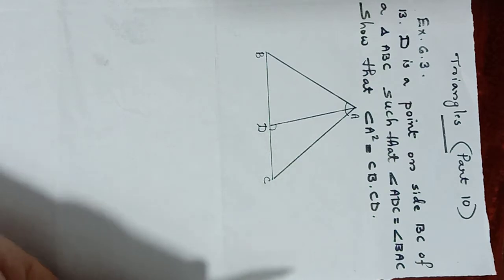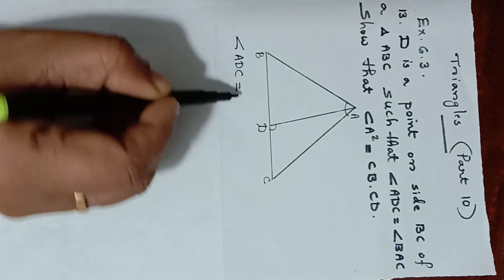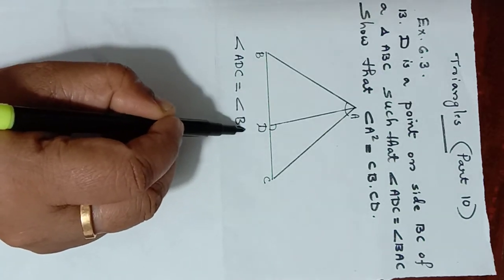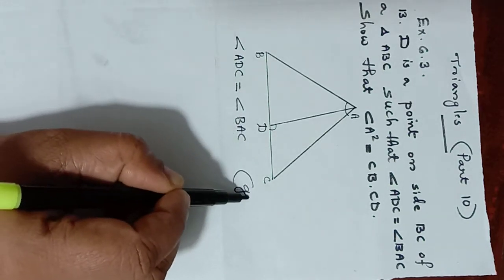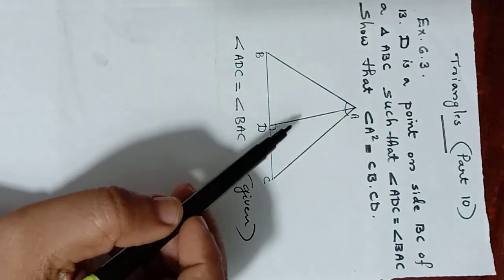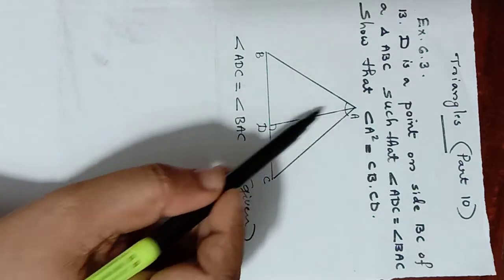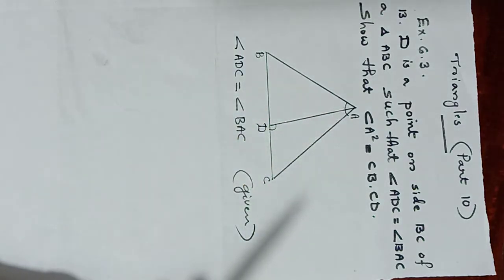Let us do that. So here we are given angle ADC is equal to angle BAC. We can write it as given. So we are considering angle BAC and angle ADC. They are equal.